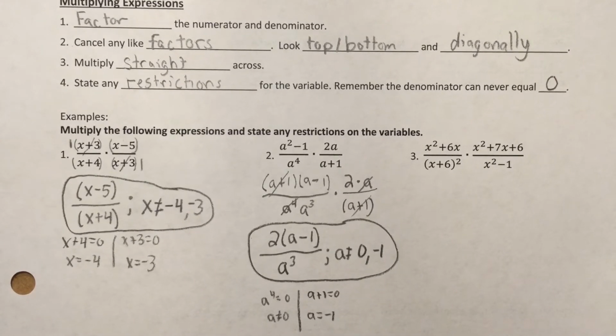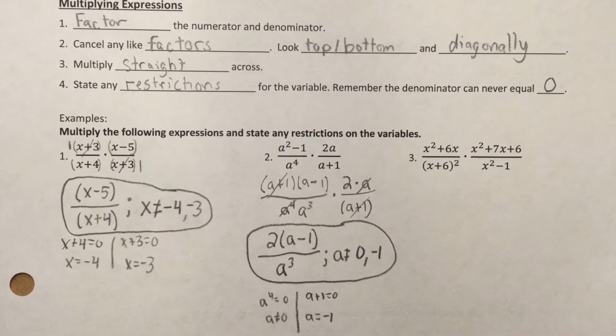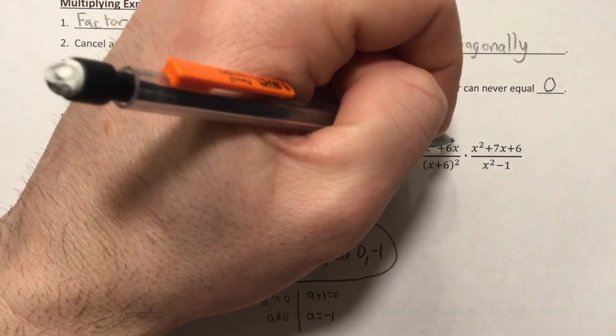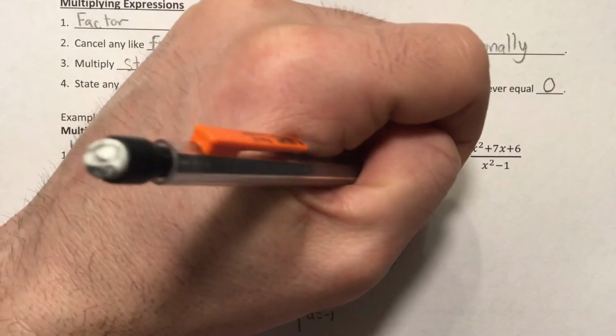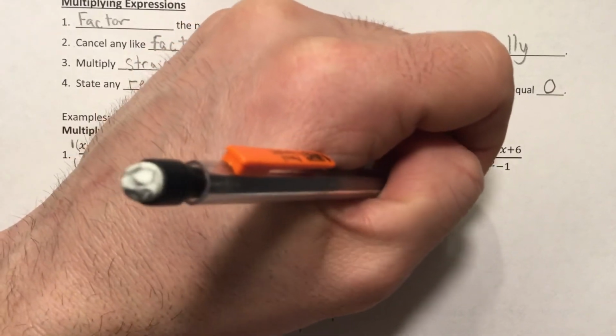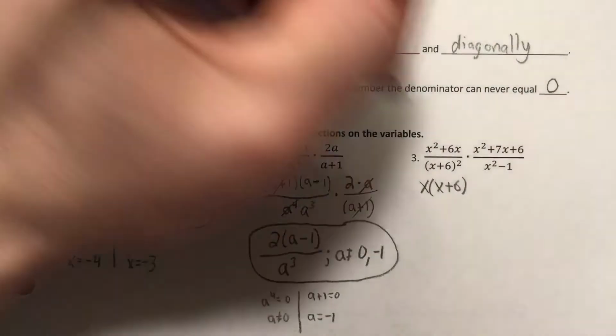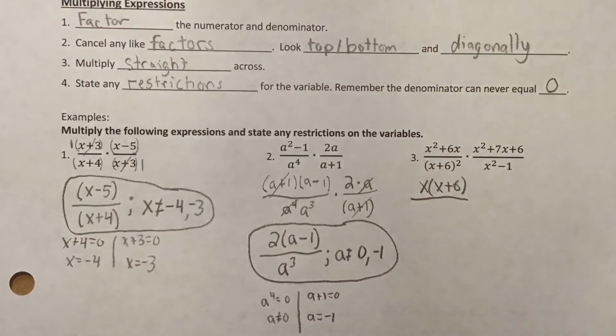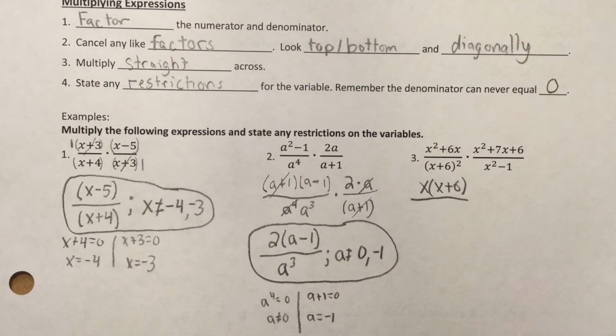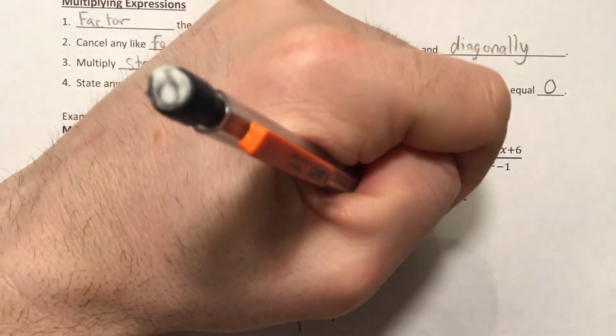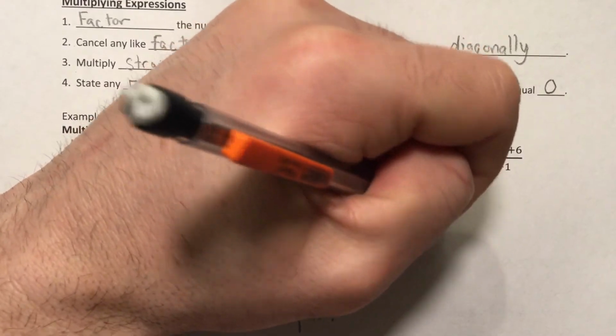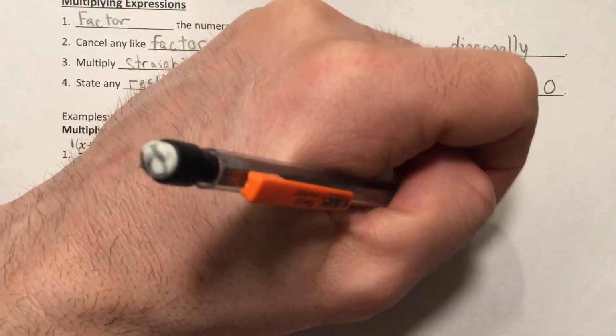All right, for number 3, I have a lot of factoring here. I'd have x squared plus 6x, so there is a GCF of x. On the bottom, I have x plus 6 times x plus 6. Even though I'm not necessarily factoring it, I'm going to rewrite it to make it look more factored. Remember, x plus 6 quantity squared means x plus 6 times itself.